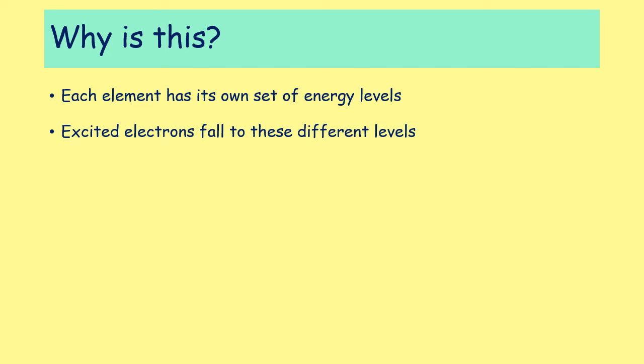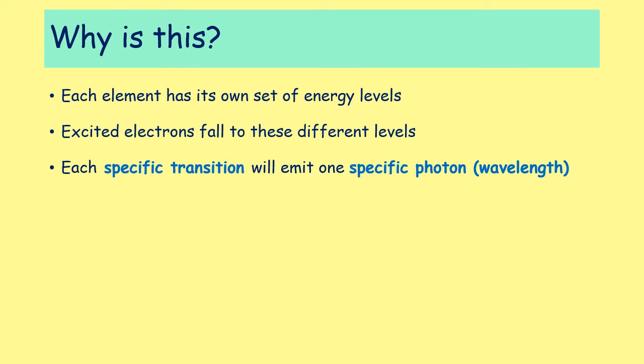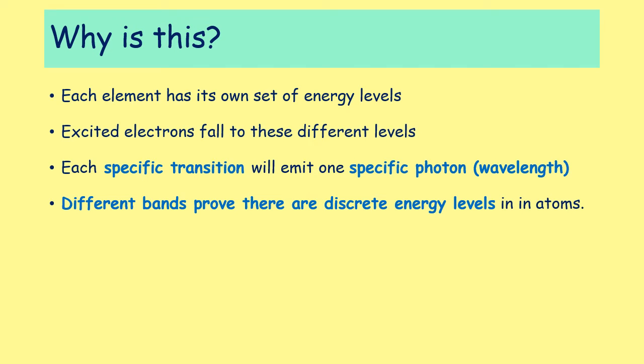Now, within each atom, they have different energy levels, and the excited electrons can fall to each of these different energy levels from any higher energy level. This means that you will get specific energy transitions from one level to another, which give off a specific photon per transition.